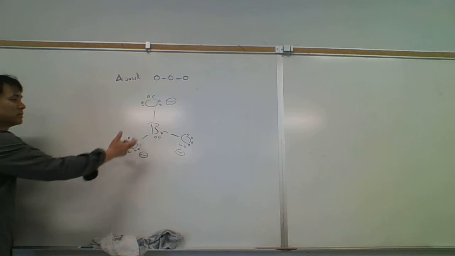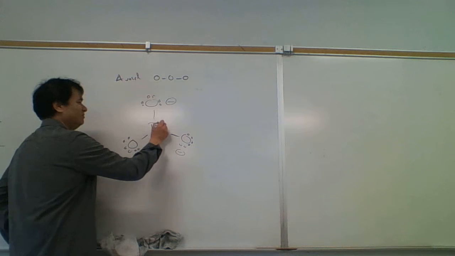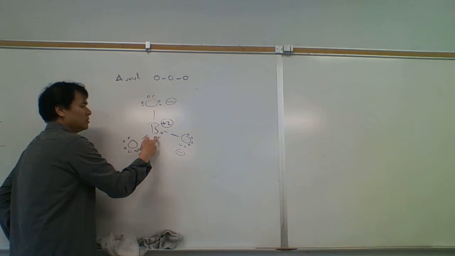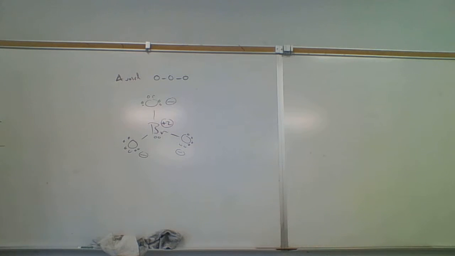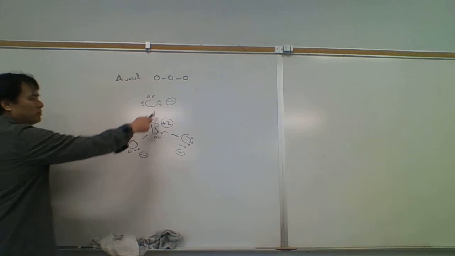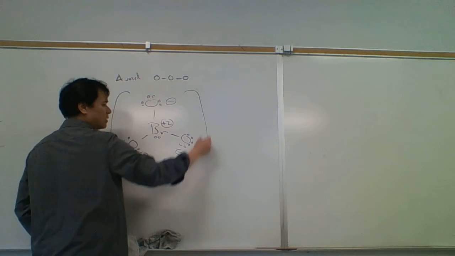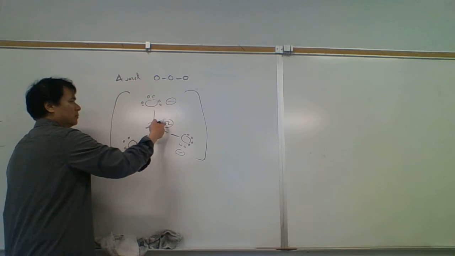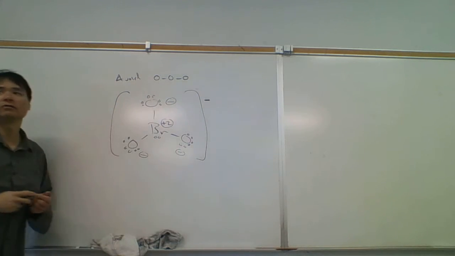How about bromine? What's the formal charge on bromine? It's +2. It's kind of high. 2, 3, 4, 5. Bromine should have 7, like fluorine. So those are the formal charges. And then when we add up the formal charges, we get the net charge. So we put square brackets around here and then add them up. So +2 minus 1 minus 1 minus 1 is going to give us -1 for the charge.